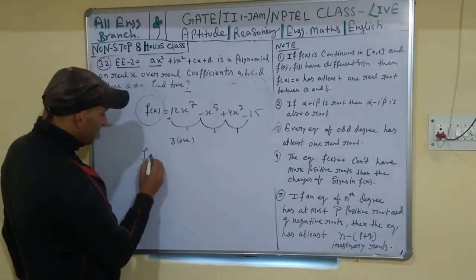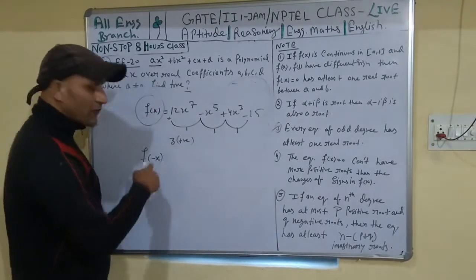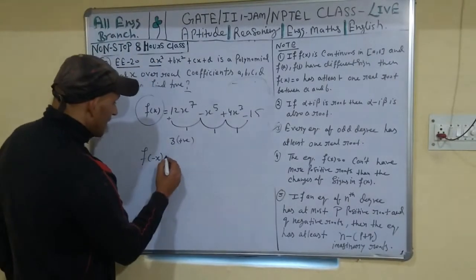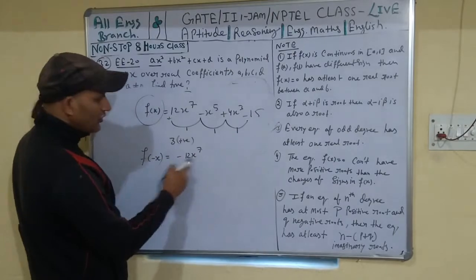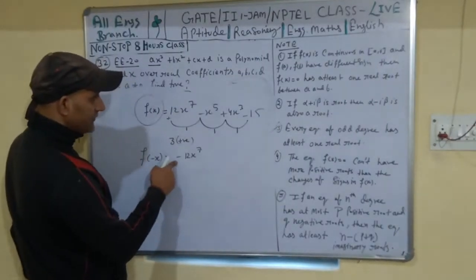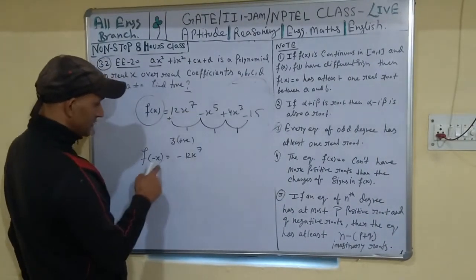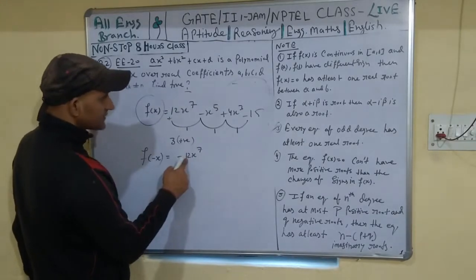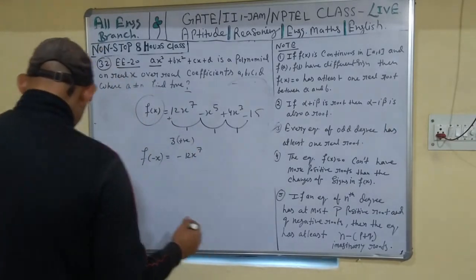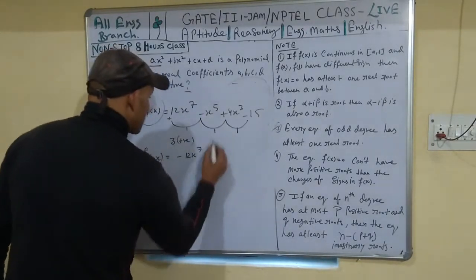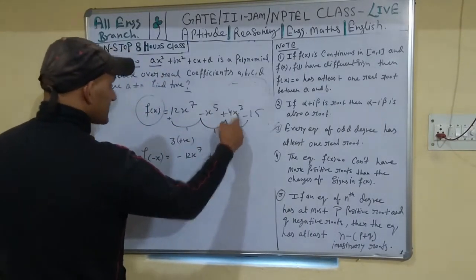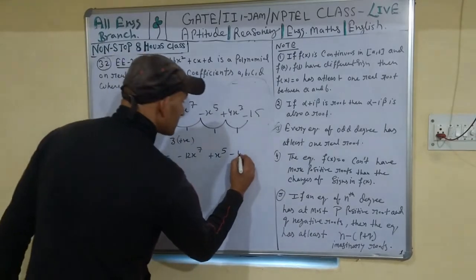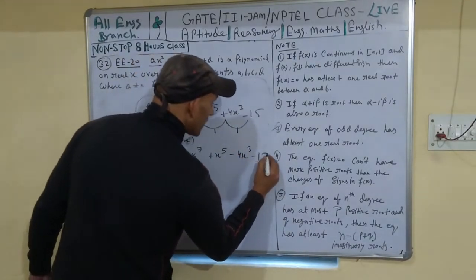Now for negative roots, you have to write minus x in place of x. Then you are getting minus 12 x to the power 7. This is negative. I don't know what the value is, but this is negative definitely, because of x to the power 7. So minus, this is minus. So again minus plus, this is plus. And this again is negative, minus 4 x to the power 3, and already this is negative.